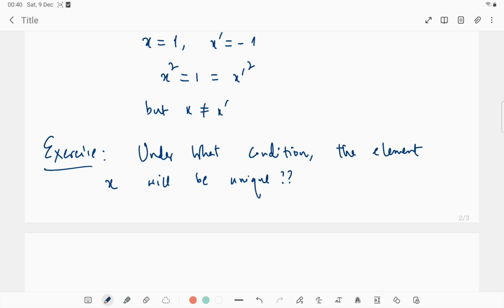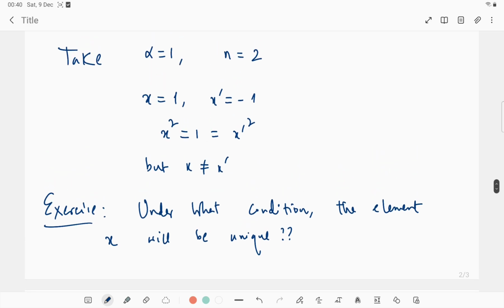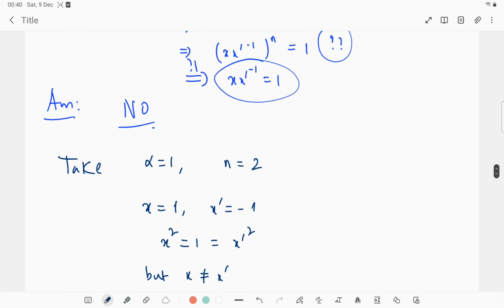This is very easy. Observe that alpha to the power n equal to 1 implies alpha equal to 1.